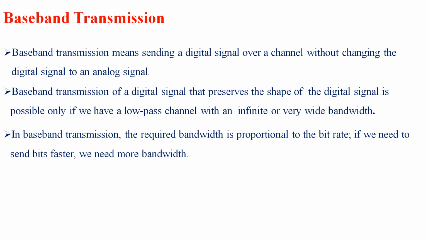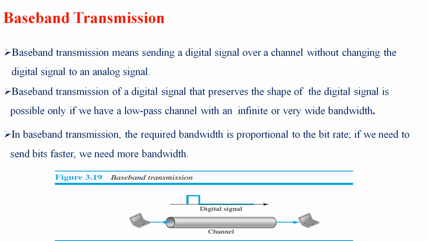In case of baseband transmission, the required bandwidth is always proportional to the bit rate. So if you want to send bits faster, we need more bandwidth. Here is an example of baseband transmission, which requires a low pass channel, in order to communicate between two entities, computer A and computer B, over a transmission channel.